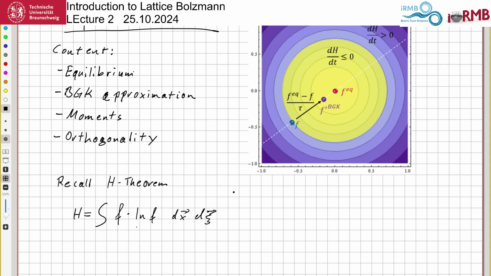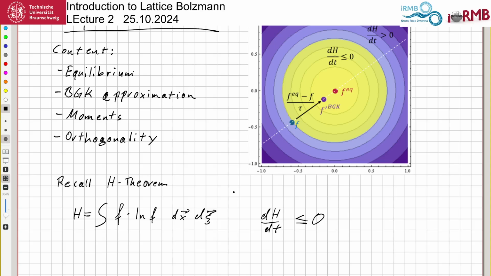The point of this functional is that you can show, as we did in the last lecture, that its derivative with time is smaller or equal to 0. So this thing will only change in a certain direction in time.